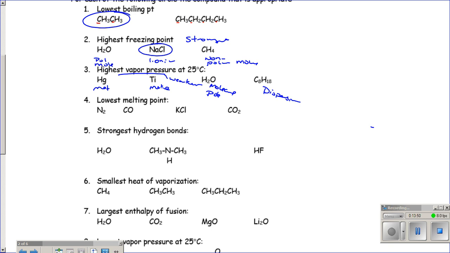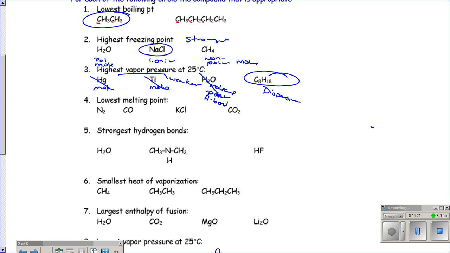We know that not only is water a polar molecule, but it has that really strong dipole attraction that we call a hydrogen bond. So we know that metals do not have much vapor pressure. We can't smell a metal. Metals are pretty strong. We can rule those out. And then we have water compared to the dispersion attractions of that carbon chain. The carbon chain is going to have the weaker interparticle attraction.